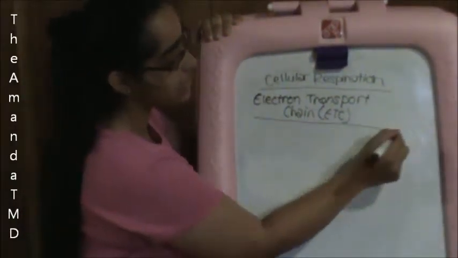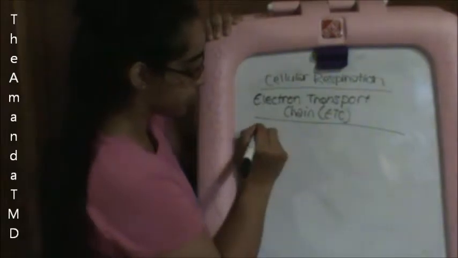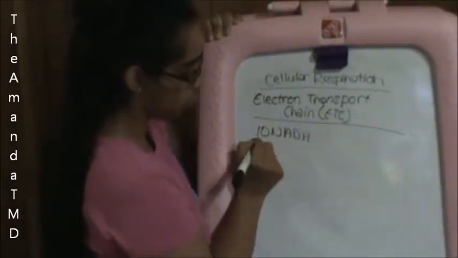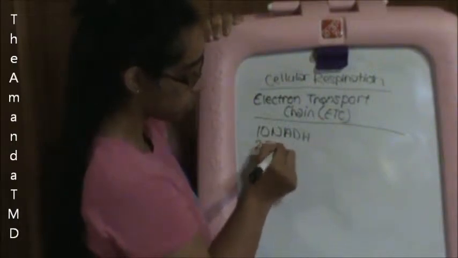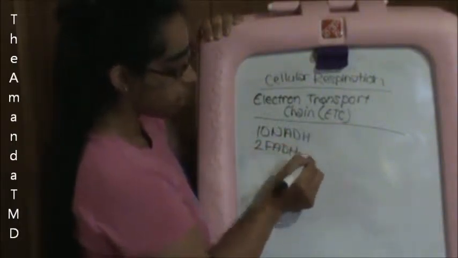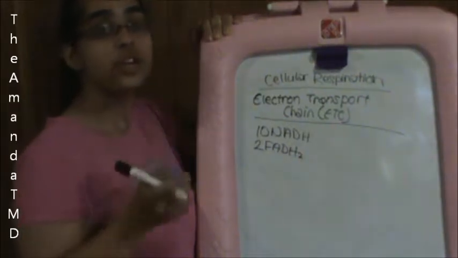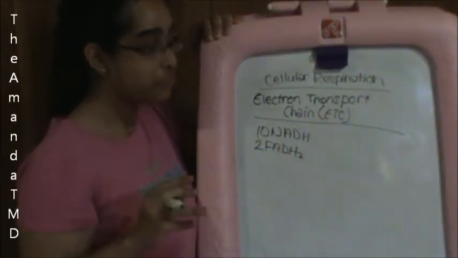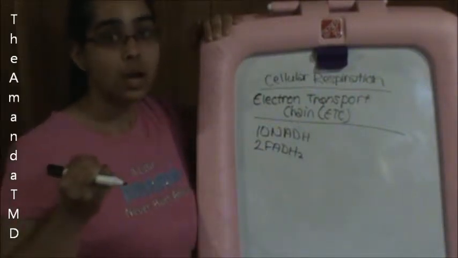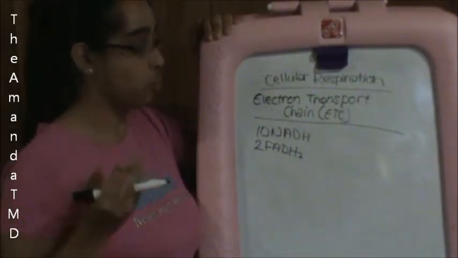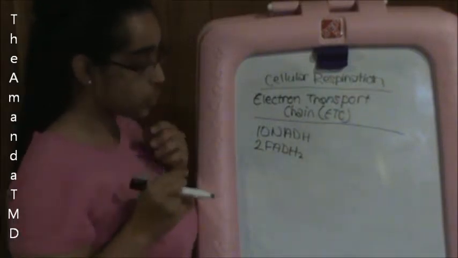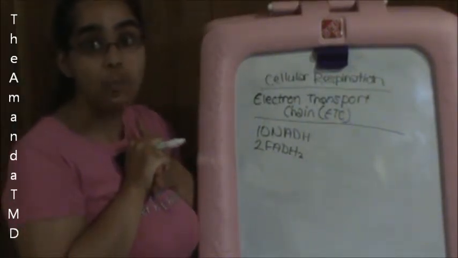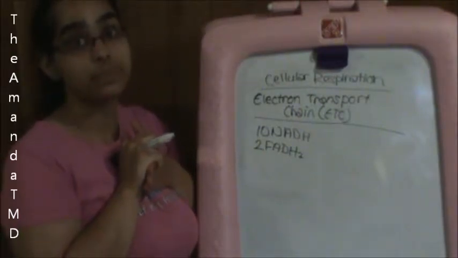So what happens in this is your NADH, the 10 NADHs that you have from your Krebs cycle and your 2 FADH2s that you also produced, they'll end up being oxidized and will produce more ATP. So this happens in what we call the 5th complex, or complex 5 of your ETC. Okay?